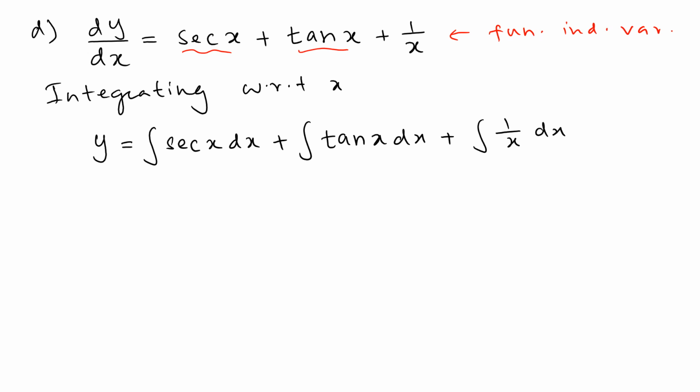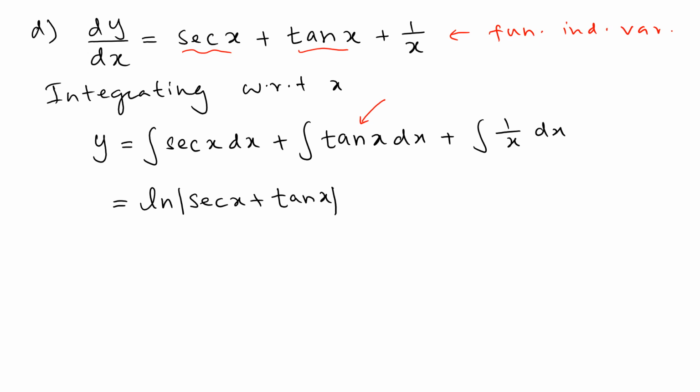So we do it term by term, and for secant, we know that's the natural log of secant x plus tan x, and if you are not familiar with this, then you can look at the table. The next one, actually you can see why we have a different special formula, because we know the answer is natural log secant.